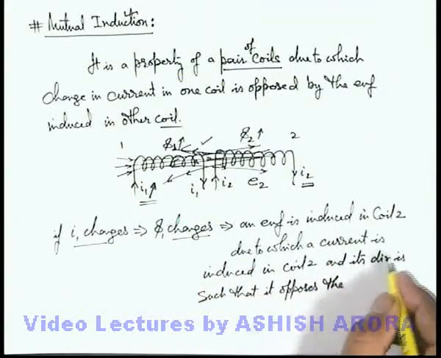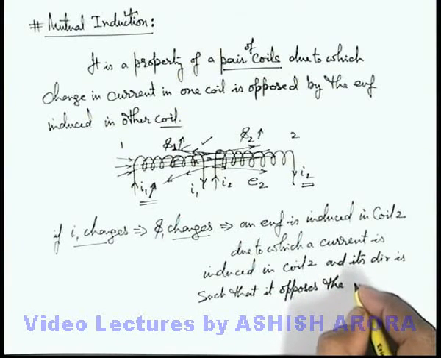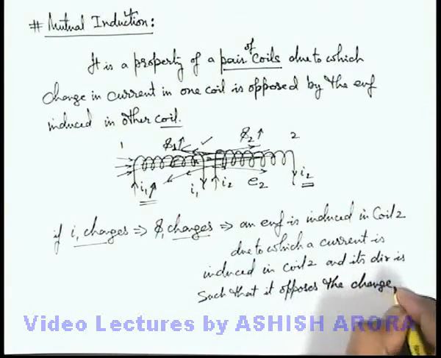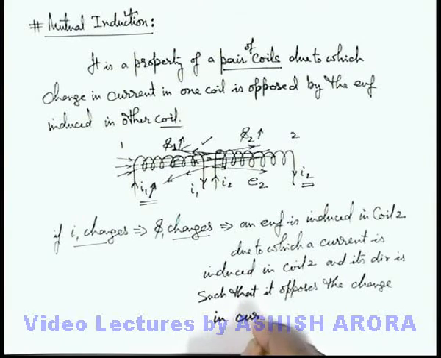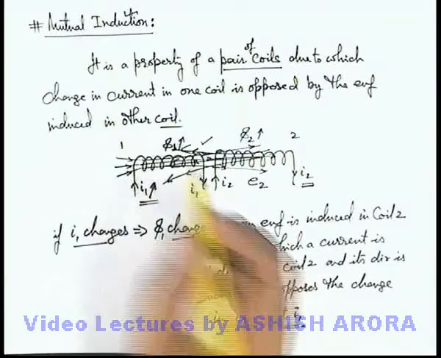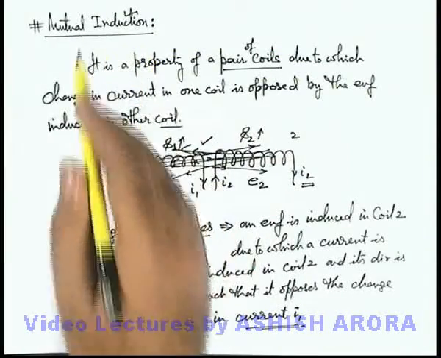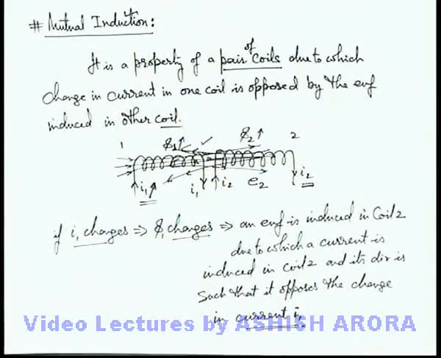So we can say its direction is such that it opposes the change in current I1. This is the whole phenomena which, concept wise, we can simply call mutual induction. Mathematically, the concept we are going to study from the next topic.